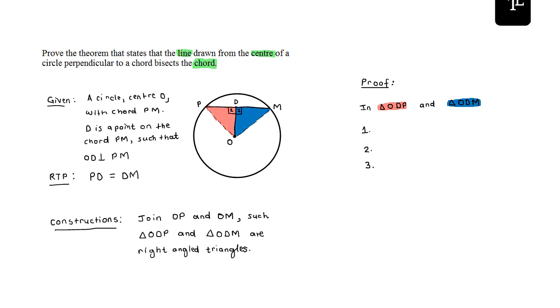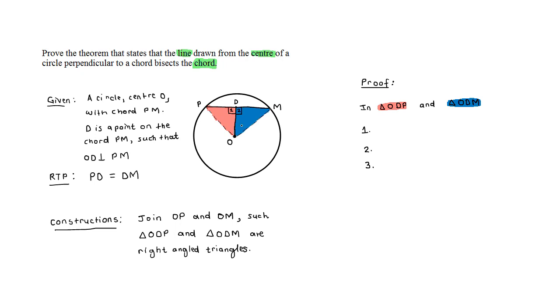We just have to remember that for all the information that we're going to list, the first thing we list has to be located in the red triangle, whether that item is a side or an angle, and that has to correspond to that same item in the blue triangle. So what is the most obvious thing that we can use between these two triangles to prove congruency?